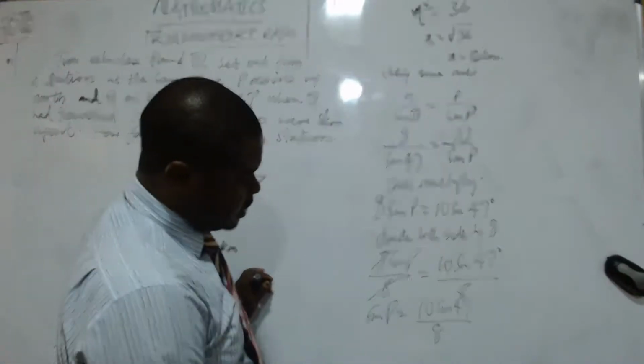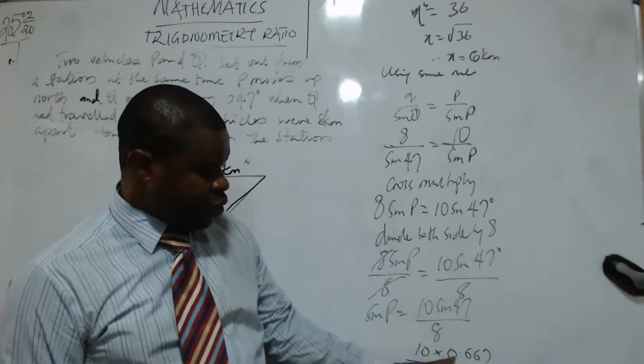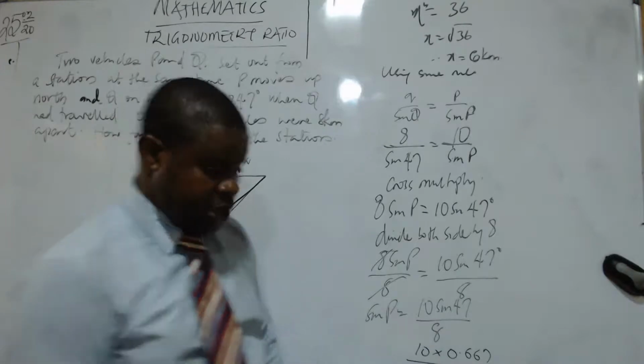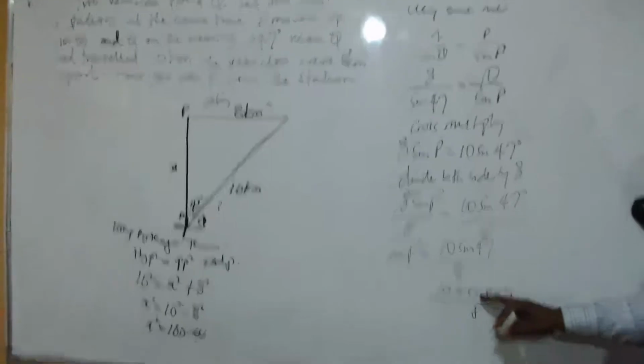So how do we get that? Sine 47 is 0.667. Now divided by 8. So when we multiply these two now, it moves our decimal place.